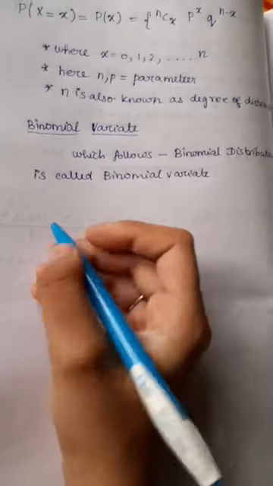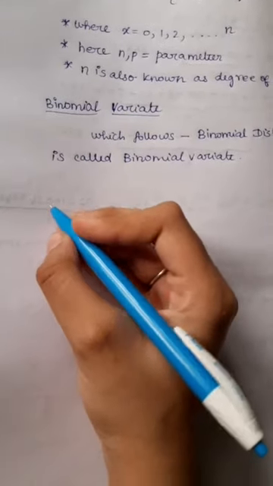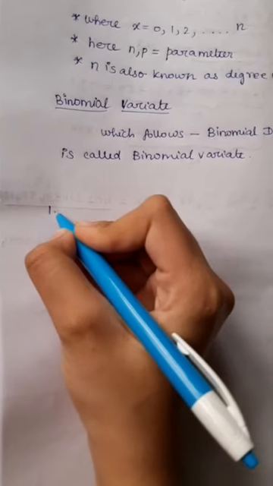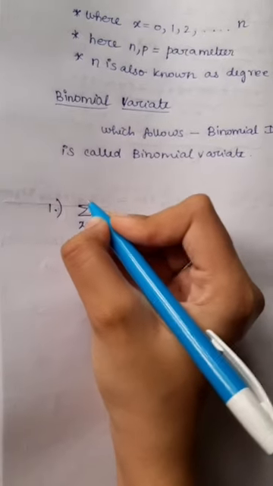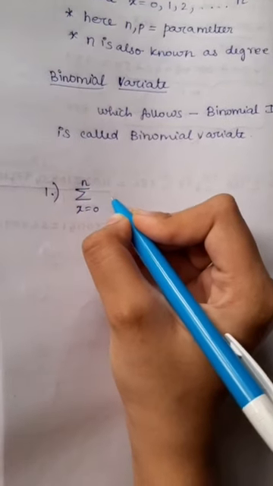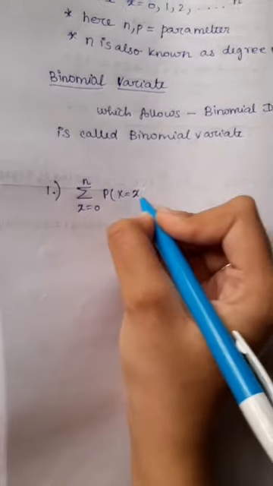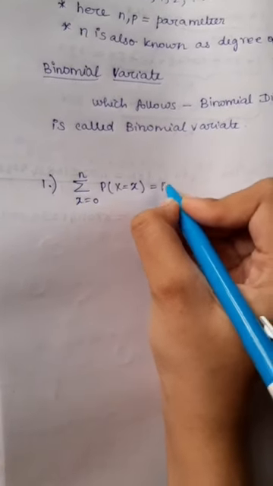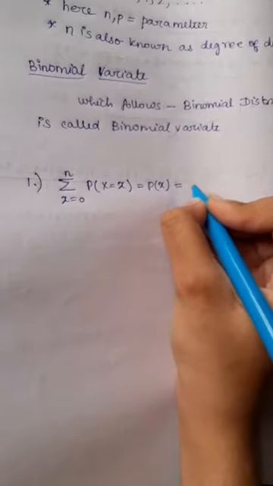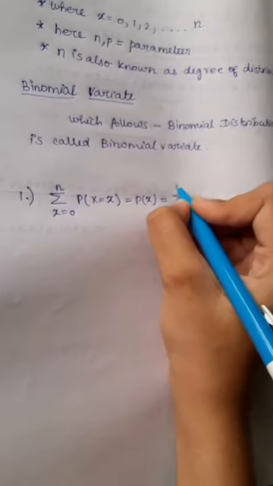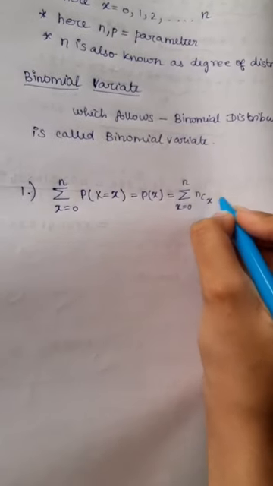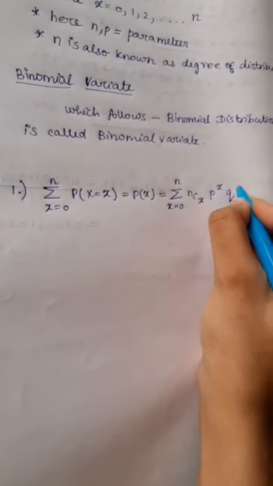Now, for the binomial distribution, we can write it as summation x equal to 0 to n, P(X = x), which is summation x equal to 0 to n of nCx p^x q^(n-x).